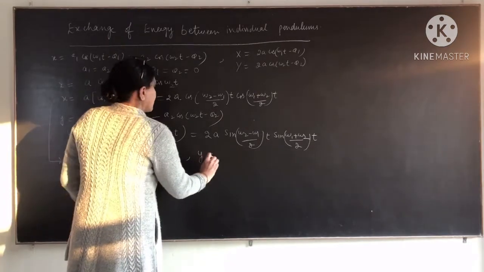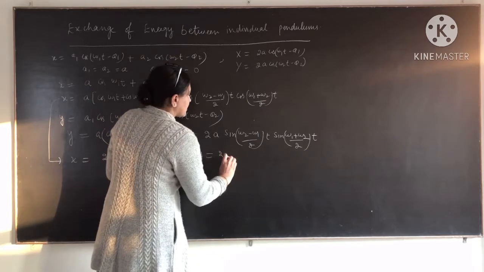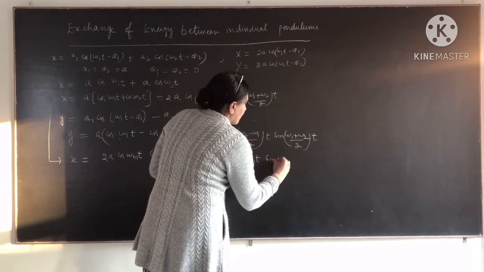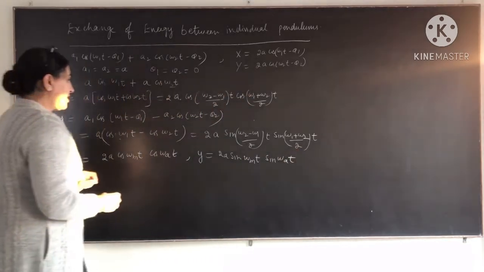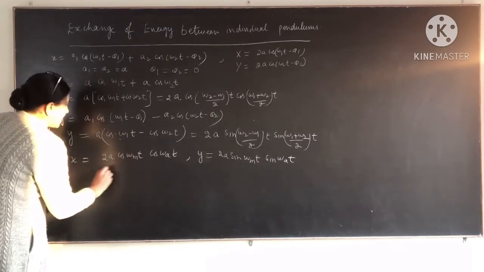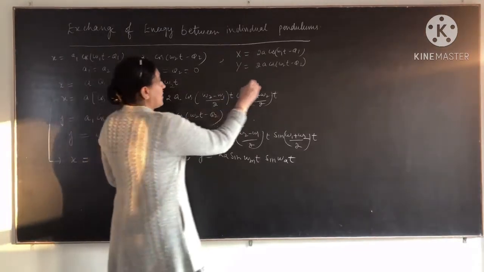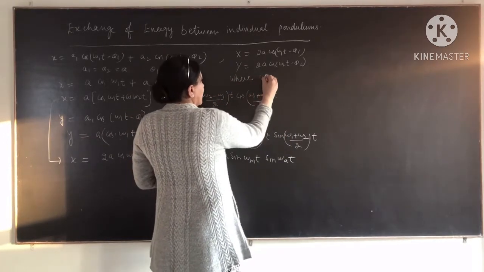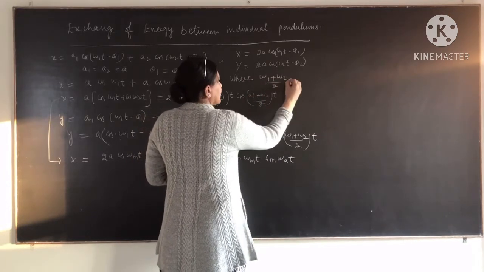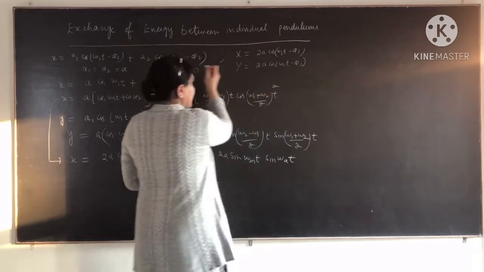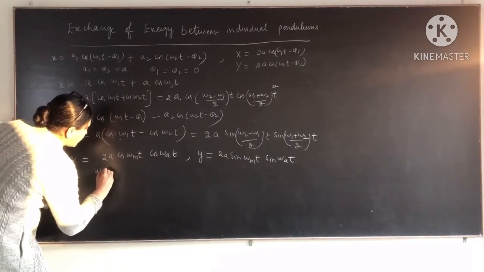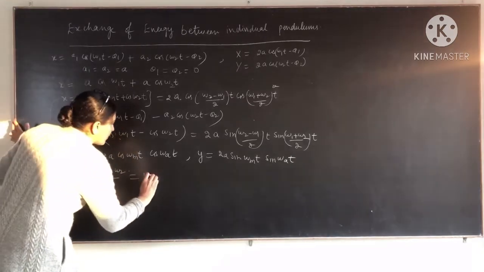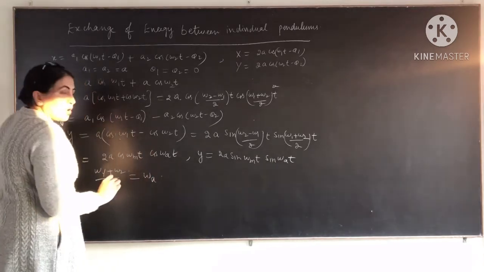Similarly, small y = 2a sin(omega m t) sin(omega a t), where (omega 1 plus omega 2)/2 is equal to omega A.